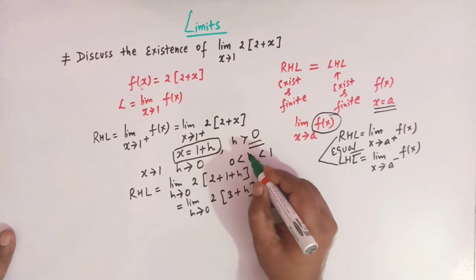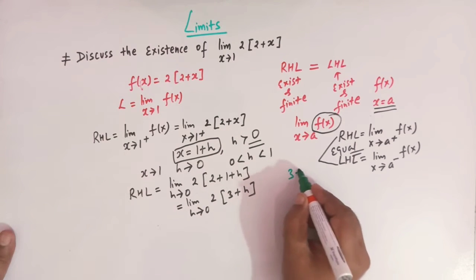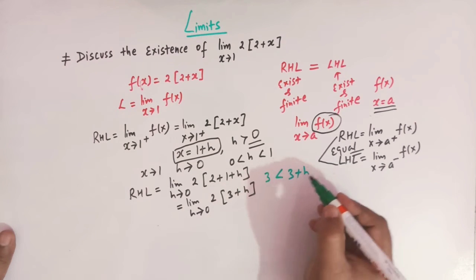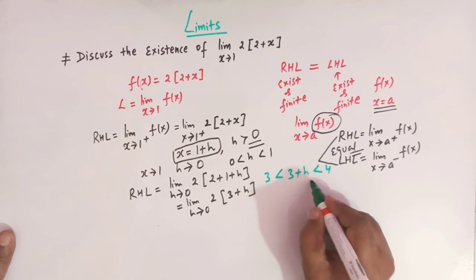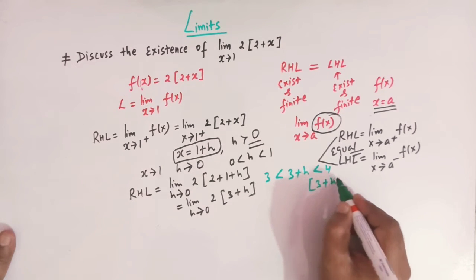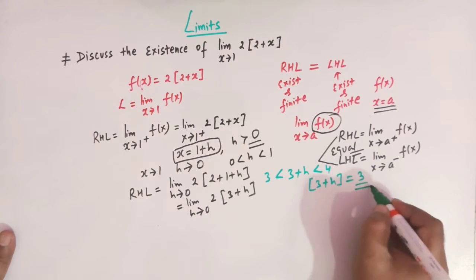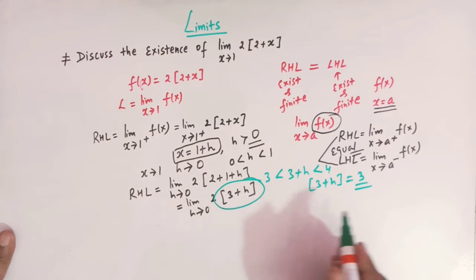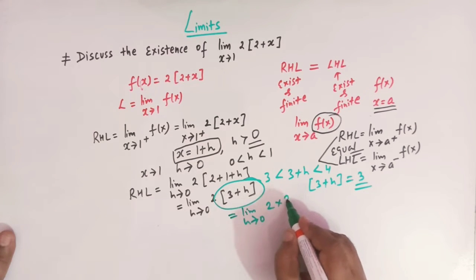And h is a very small quantity, so 3 plus h is slightly greater than 3 but less than 4. So by the definition of the greatest integer function, the greatest integer of 3 plus h is equal to 3. So now we can write limit h tends to 0 of 2 times 3.